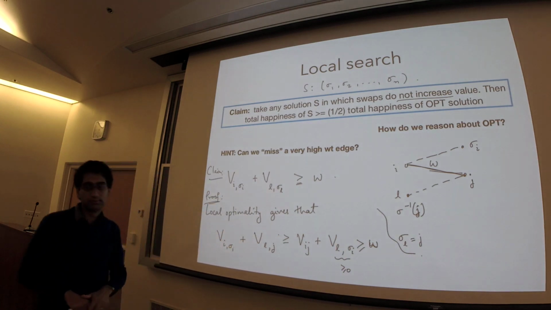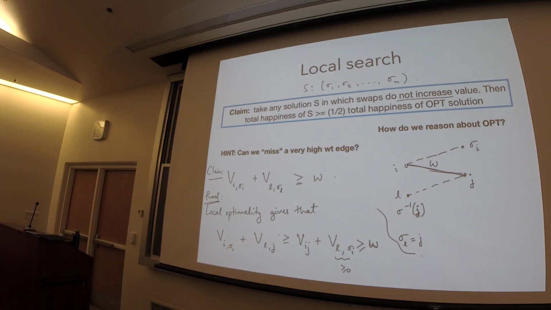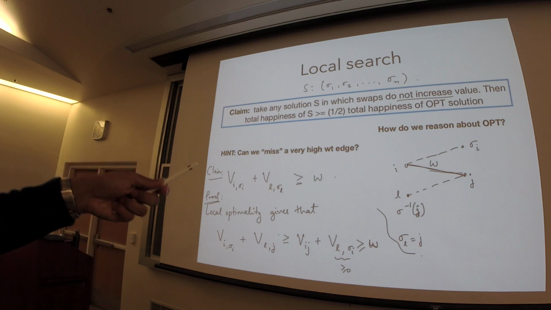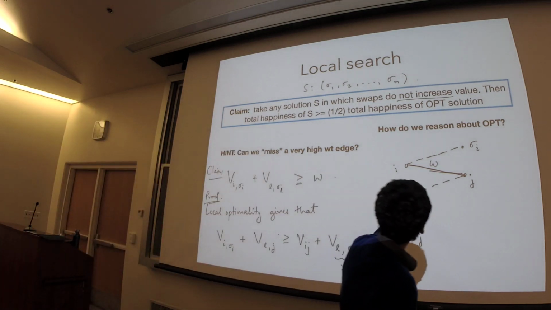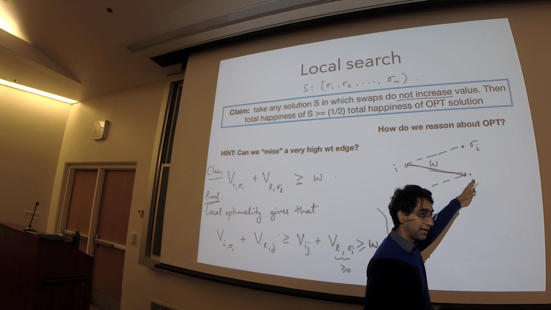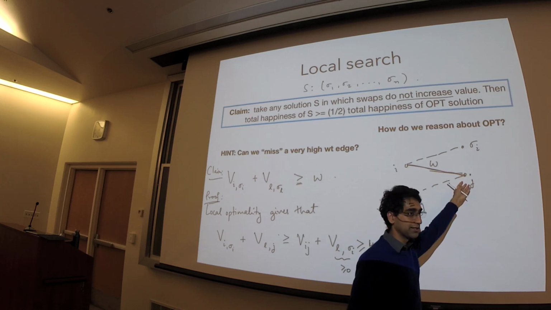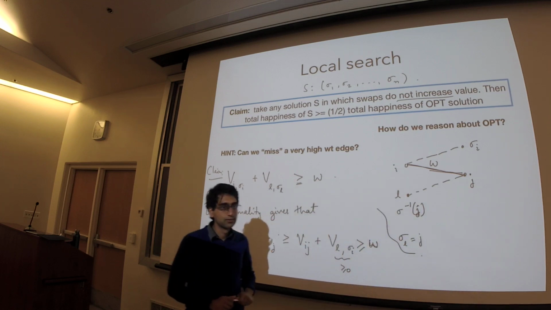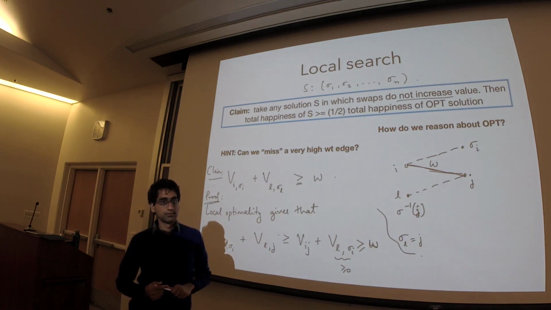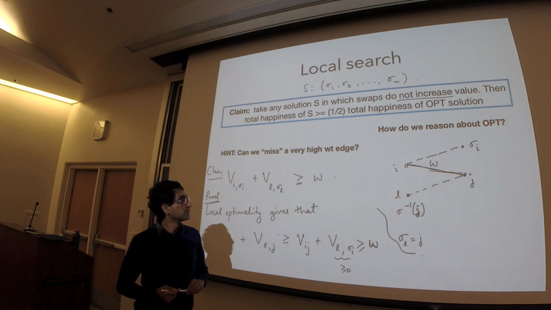So I'm just defining sigma L to be J, right? So L is the child for whom sigma L is equal to J. Yeah, but you gave that child I another gift. Okay, now you cannot give him.